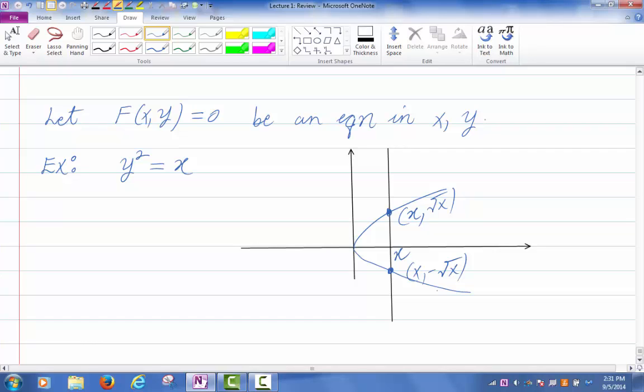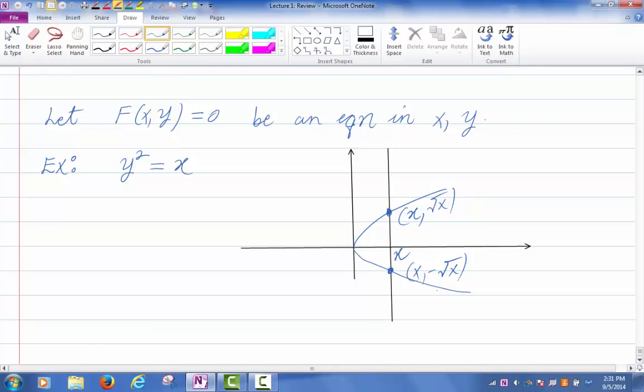The way you want to say it is that the graph of an equation represents a function if every vertical line intersects the graph at most at one point. Then it's a function. Otherwise, it's not a function.